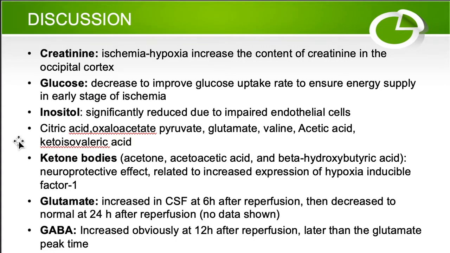These are the significant metabolites that help to identify the biomarkers, which are creatinine, glucose, inositol, and ketone bodies. And these two are not shown in the data, which are glutamate and GABA, but they are very important.